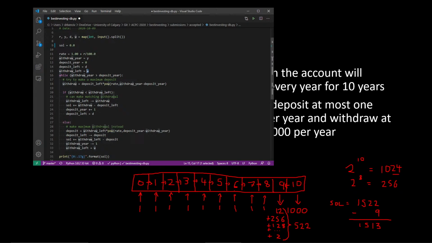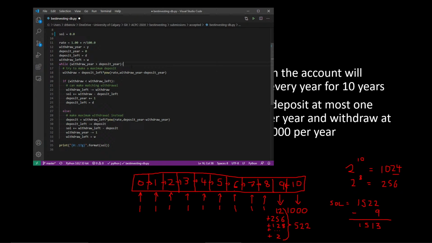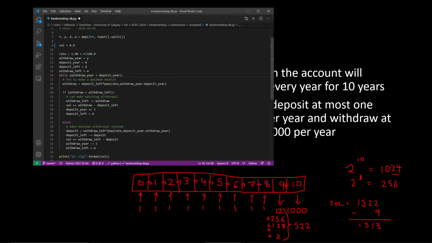And this W is the same sort of idea with the withdraw left. This is how much we can withdraw before we have to move the withdrawing year, because we've hit the maximum of withdrawing. Then we do a loop here where we're checking if the withdraw year is greater than the deposit year.